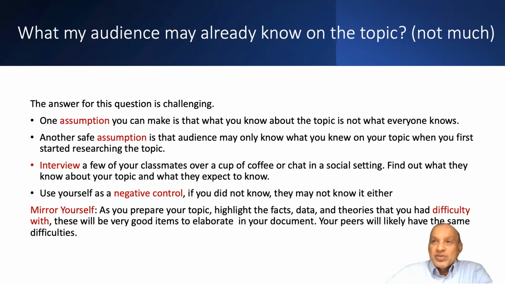Whatever you knew, that's a safe pool. You can say, a lot of people might be at the same level as I was when I first started reading, particularly on a topic like this, which is contemporary, evolving, and really important, but not well known in the literature. After you make those assumptions, we're still not ready to know who your audience are and how to deal with them.